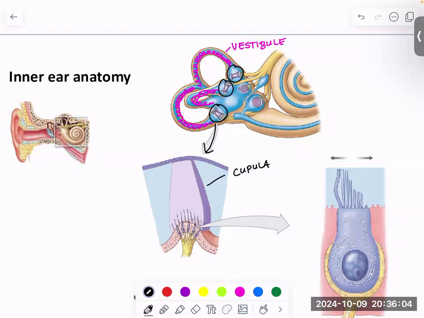And the cupula is a gel-filled sac. So this is all like gel. It's a gelatinous structure that has hair cells in it. Here's 1 hair cell. Here's 2 hair cells, 3, 4, 5 shown. And their hairs stick up into the gel.